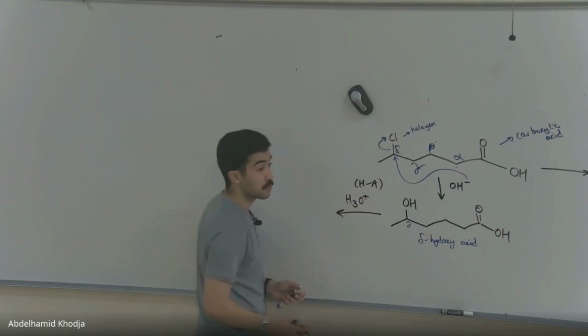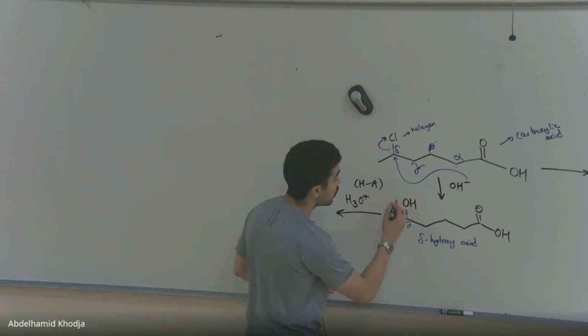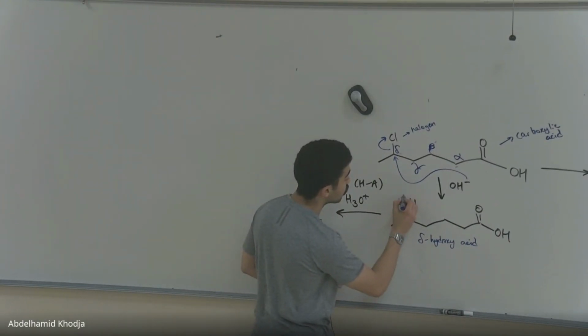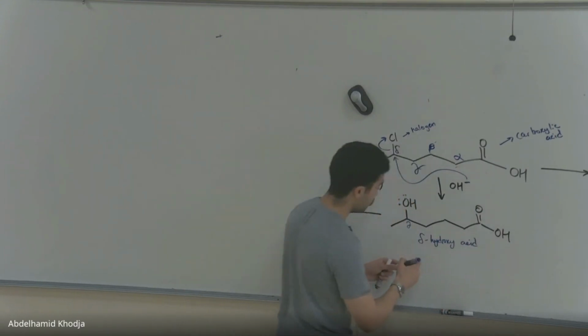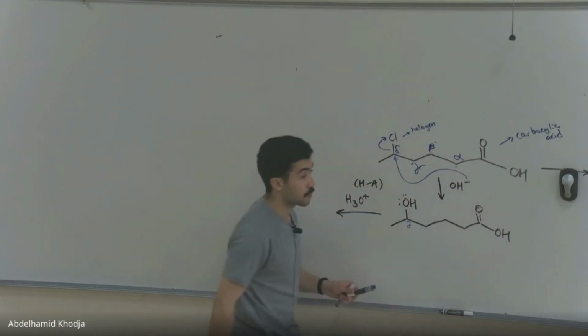This is in chapter 16a, I think. And then what's going to happen is you're going to have this intramolecular cyclization. I'm going to erase this for a minute, guys, so I make some space.